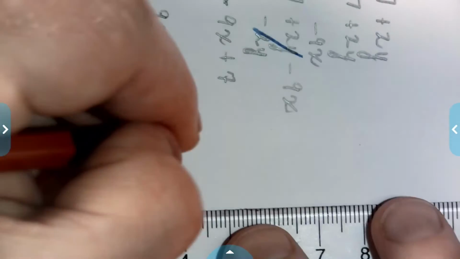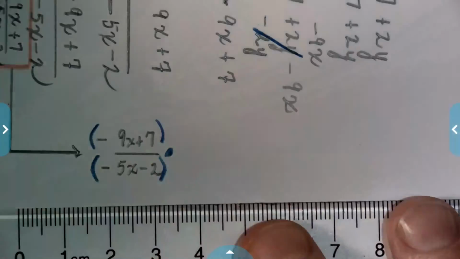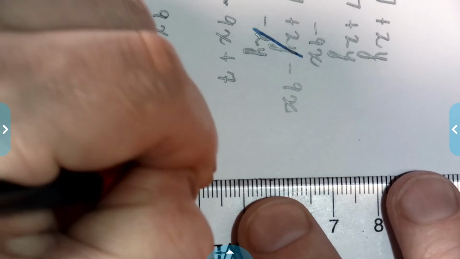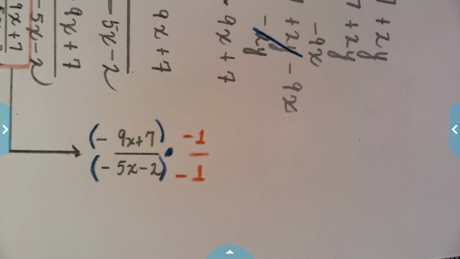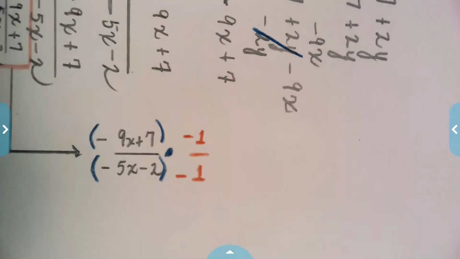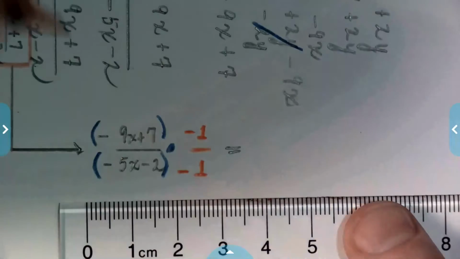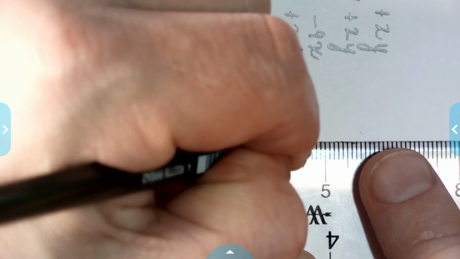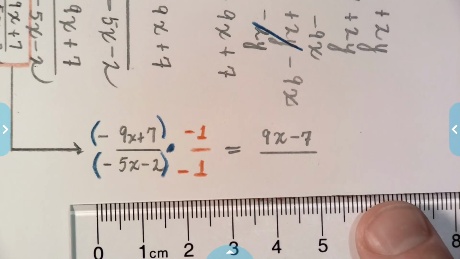If I want to just multiply these two expressions here by the fraction negative 1 over negative 1, which of course reduces to 1, then I'm just going to change the signs inside the parentheses here, and that would give me 9x minus 7 over 5x plus 2.